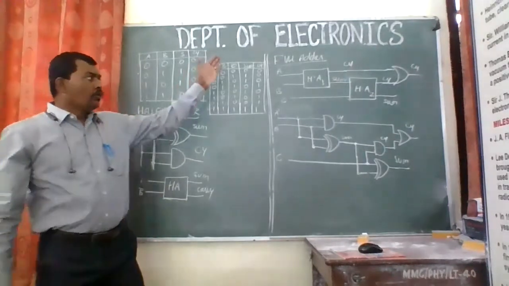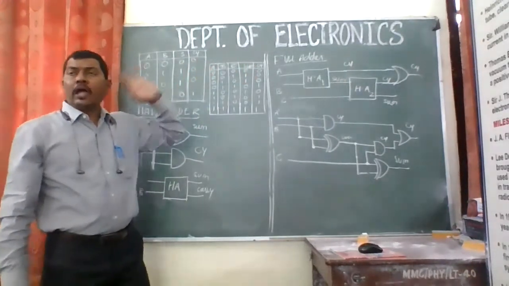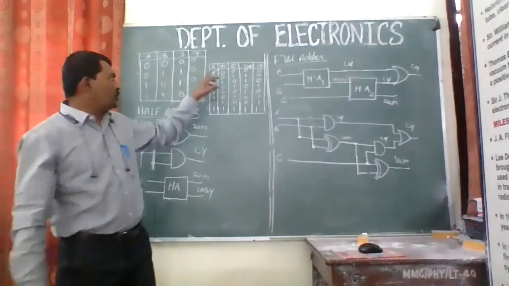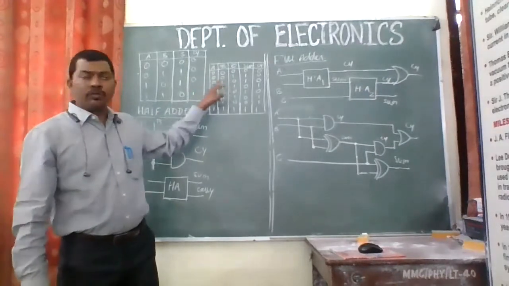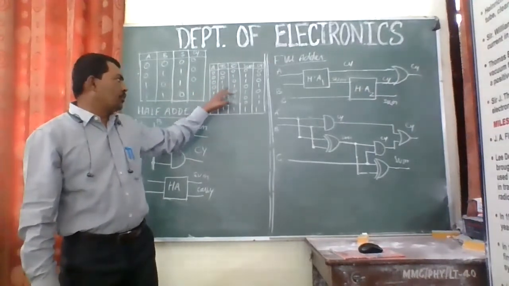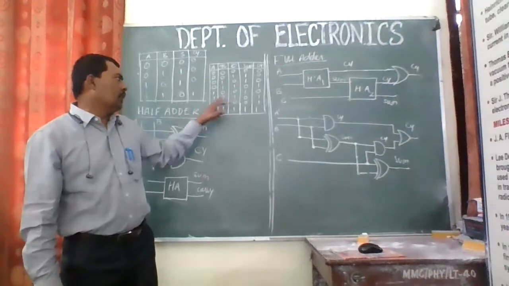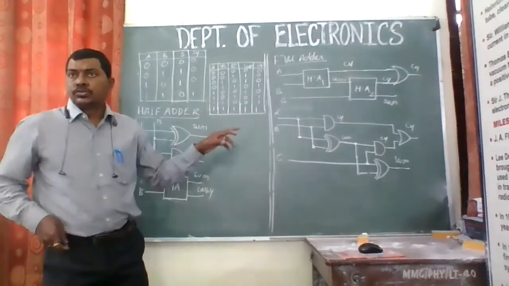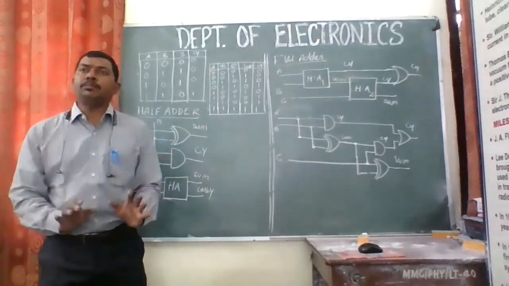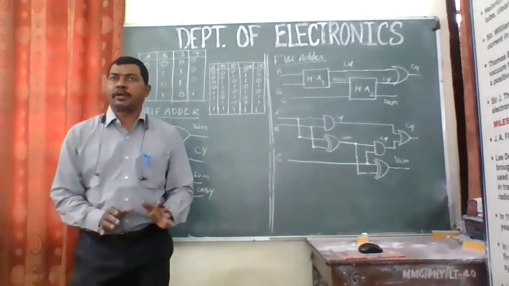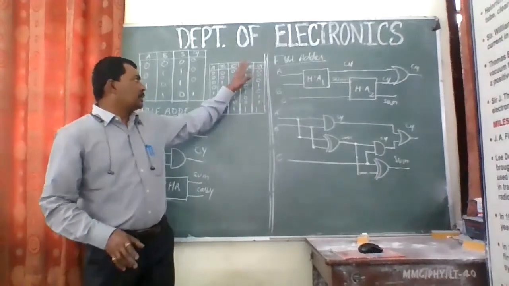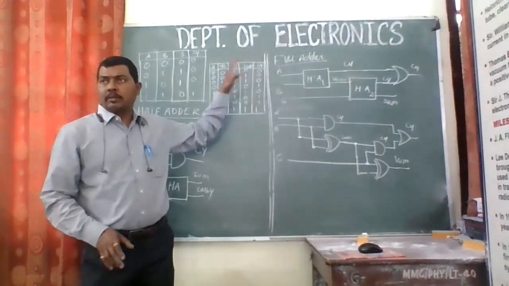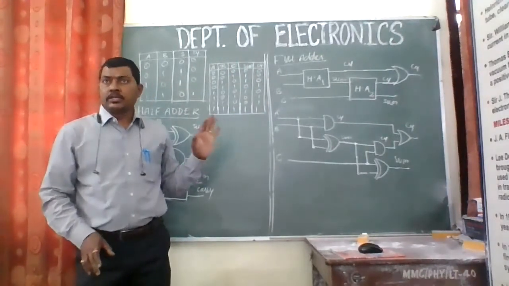Right? Then for a full adder we need to have 3 inputs. So we are using these 3 inputs A, B and C. 0 0 0, 0 0 1, 0 1 0, 0 1 1, 1 0 0, 1 0 1, 1 1 0 and 1 1 1. So there are around 8 possibilities in which we are expecting to give the input to a full adder circuit, and the expected output will be only 2, that is sum and carry.